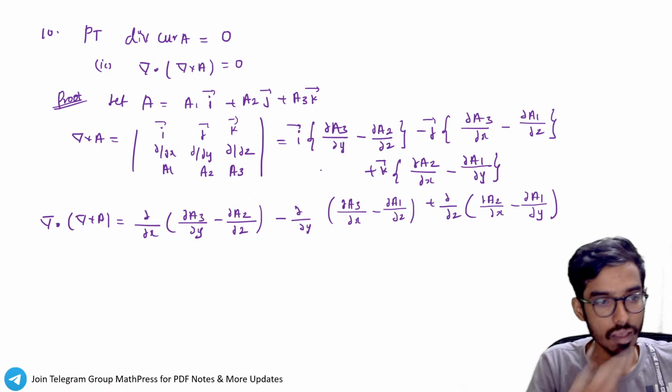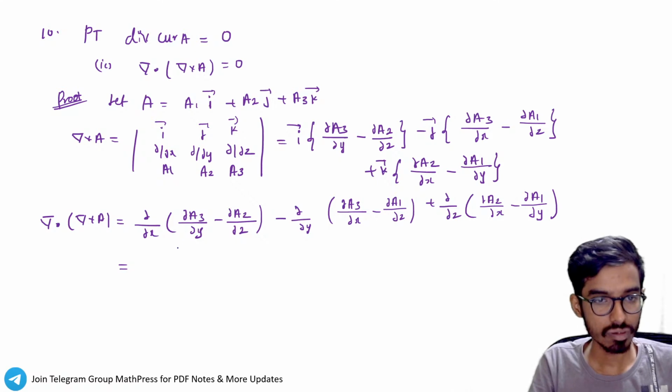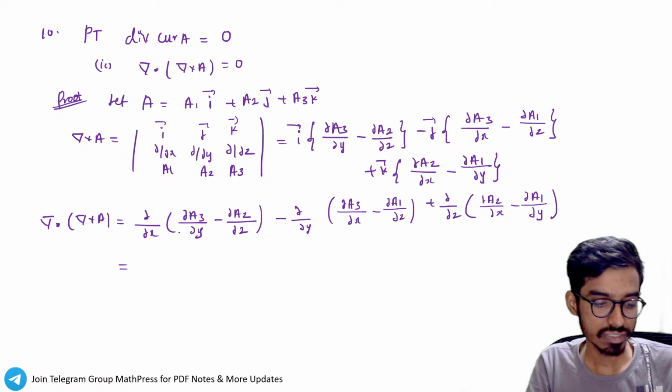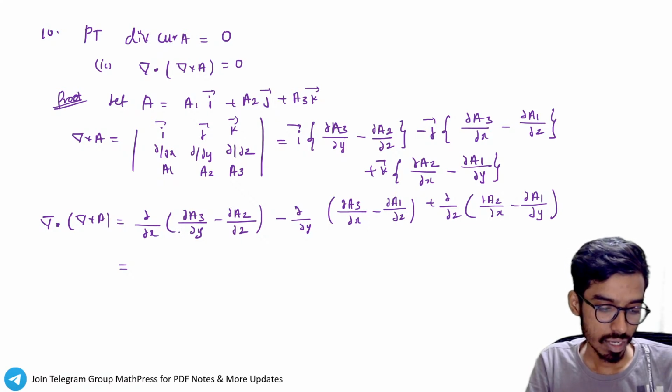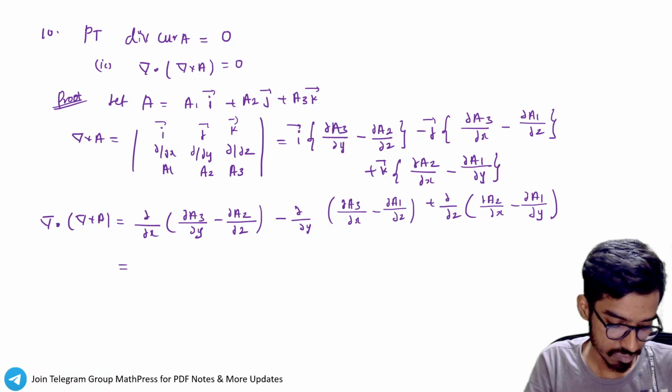Okay. So we just differentiate this. Now you can see again, if this has continuous second order partial derivatives, then all this will get cancelled, right?